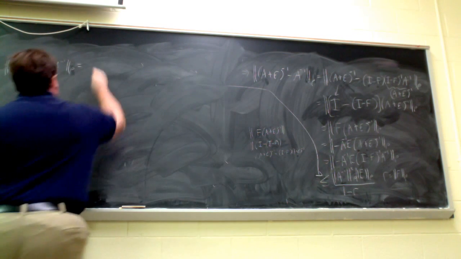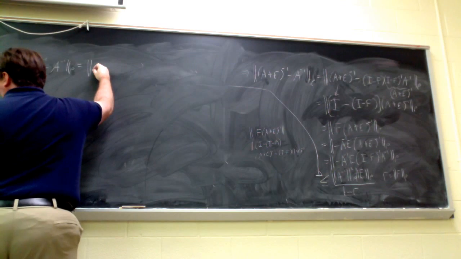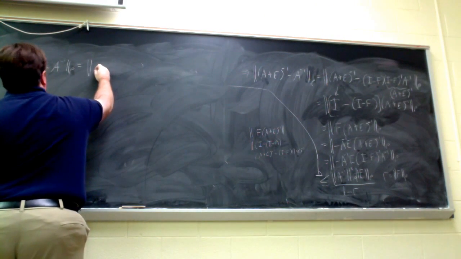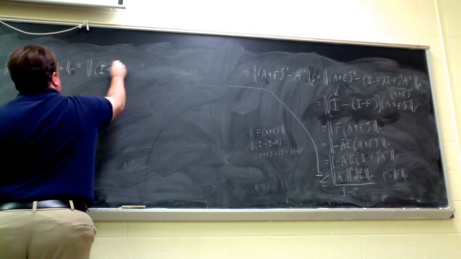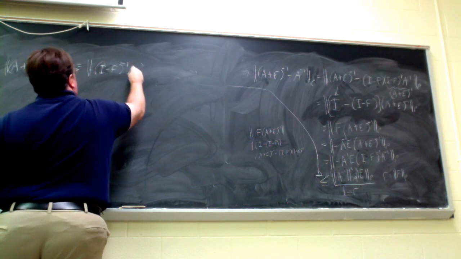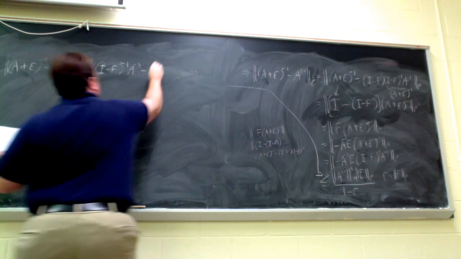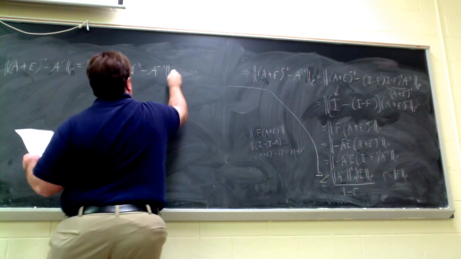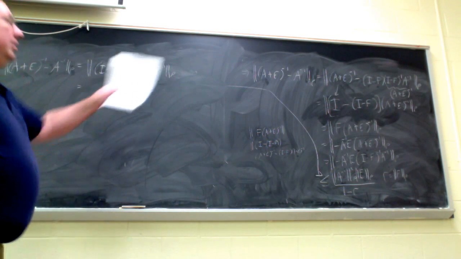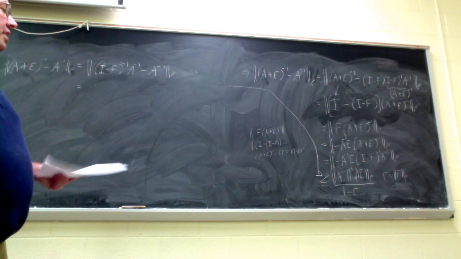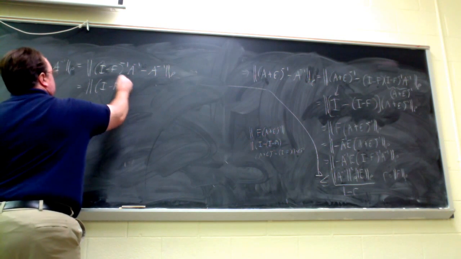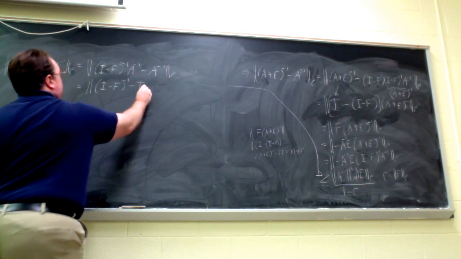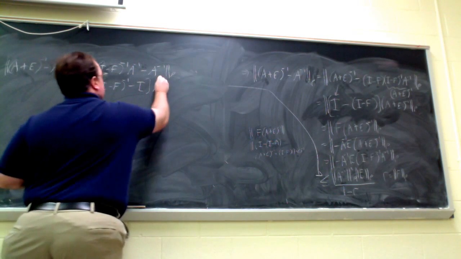All right. Well, so A, because I'm using that factorization anyway. So A plus E is the same as I minus F inverse A inverse minus A inverse. And the thing is, over there, an A inverse eventually got factored out anyway. So inverse minus identity A inverse.